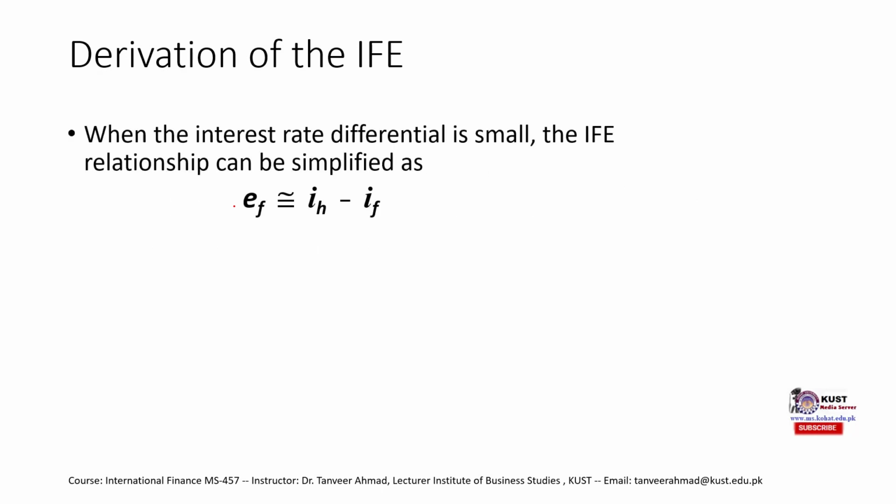So if you saw in the previous example, the difference in interest rate was approximately 1. And this is what it is saying, that the change in foreign currency exchange rate would approximately be equal to the interest rate differential, right?